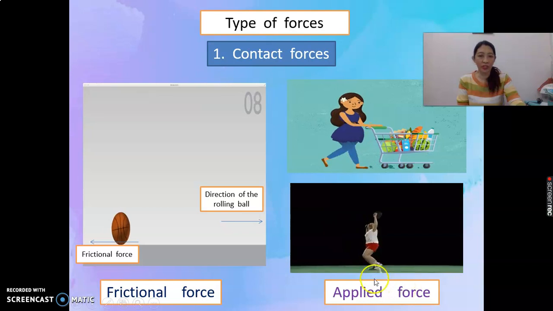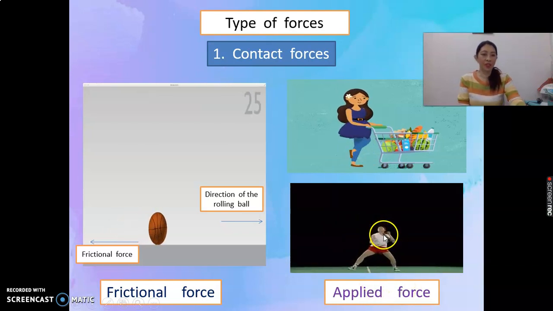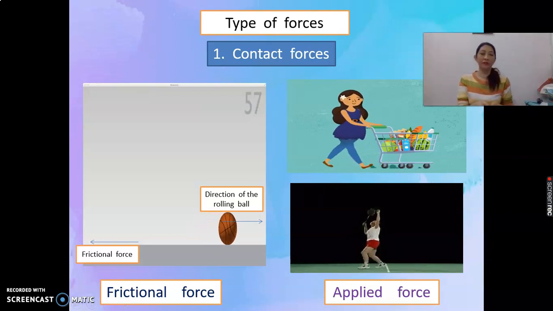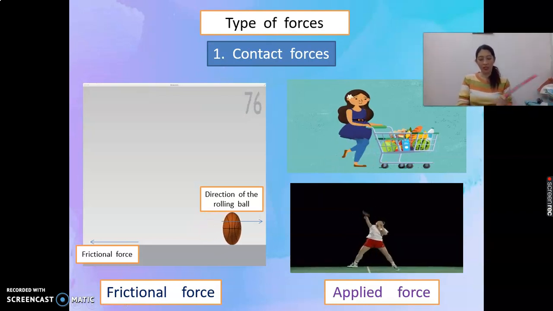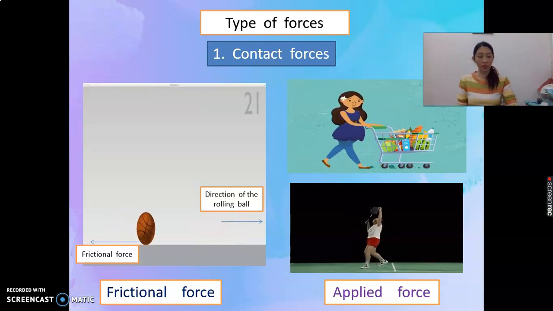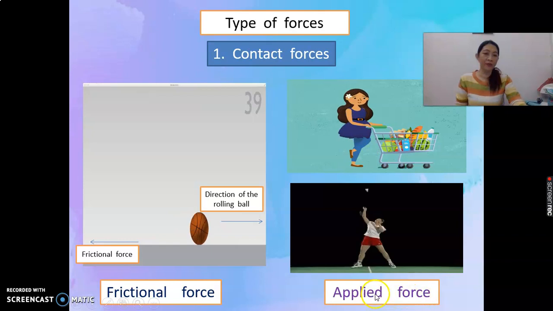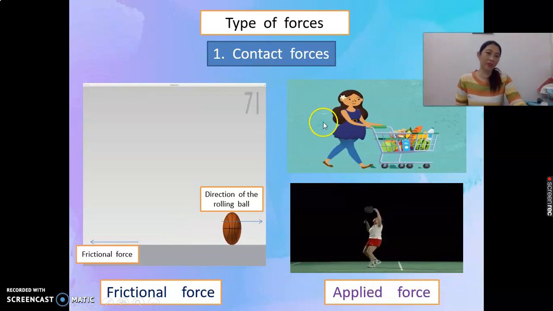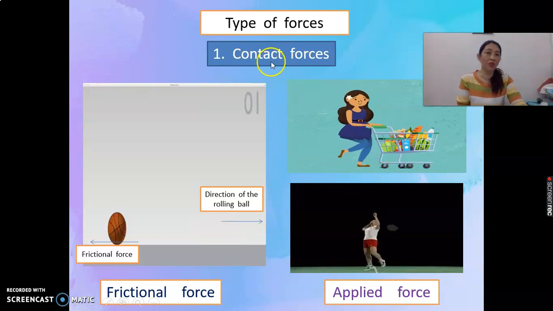Number two is playing badminton. When the shuttlecock is hit, that is applied force. Applied force is another example of contact forces.